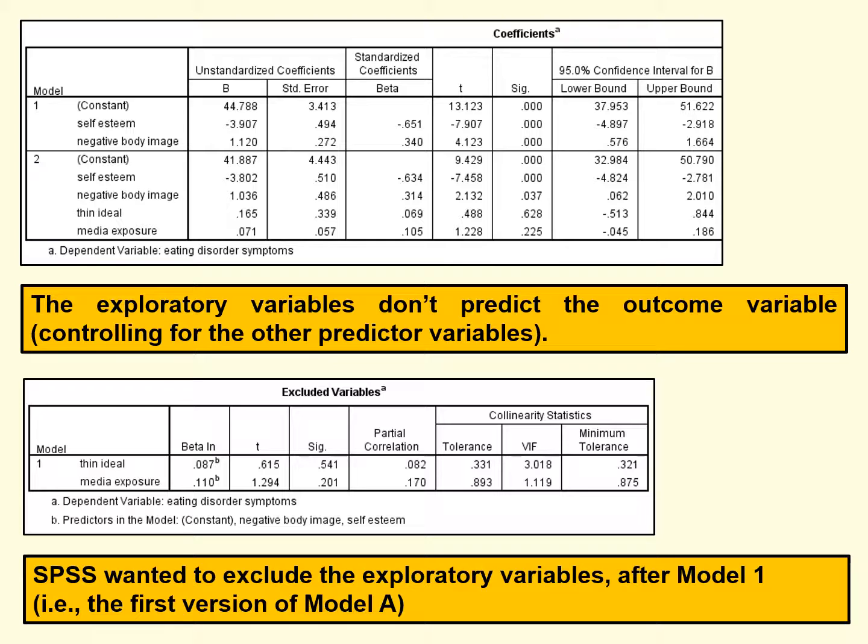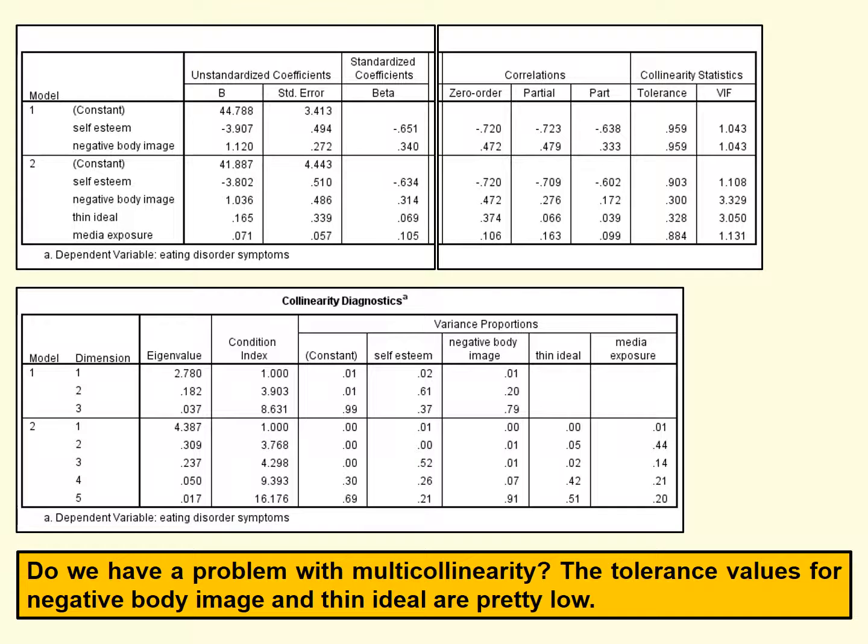And SPSS warns us like, hey, these variables, at least thin ideal, have fairly low tolerance, not desperately low, but fairly low tolerance with the other variables which are already in the model. Kind of a warning that adding them into the model may not really work all that well. There may be some problems with multicollinearity. Based on the presentation earlier in this lecture, you might be wondering, do we have a problem here with multicollinearity?